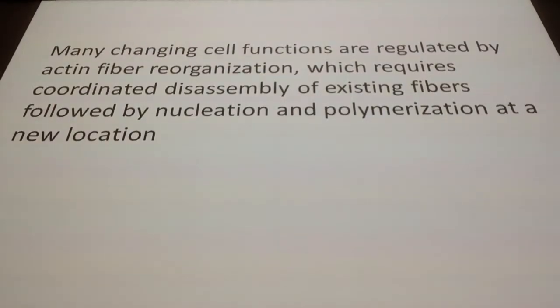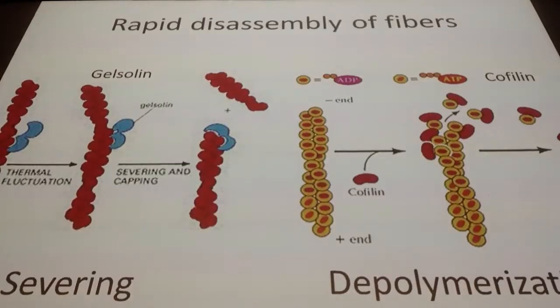Disassembly is the same, where disassembly is a process. So assembly and disassembly are processes. However, for disassembly, there are two mechanisms. One is called severing, and the other is called depolymerization.